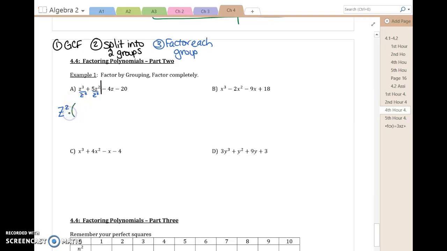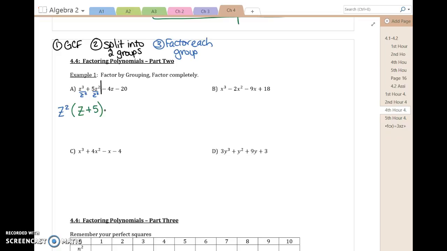You can either think of it as dividing, or z squared times what would give you z to the third? That would be z. Or think of it as dividing. 5z squared divided by z squared is positive 5. So after you factor the first group, you should have z squared times the quantity z plus 5.